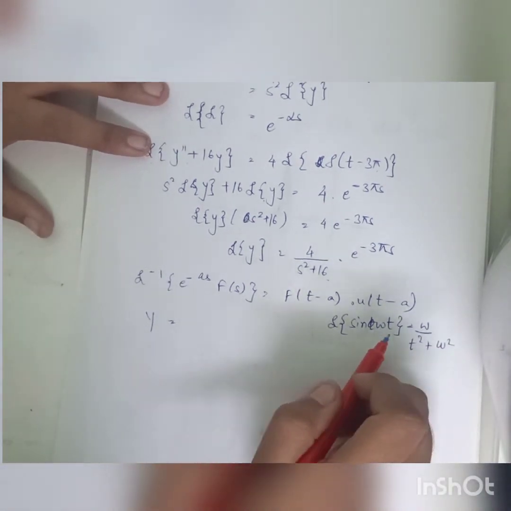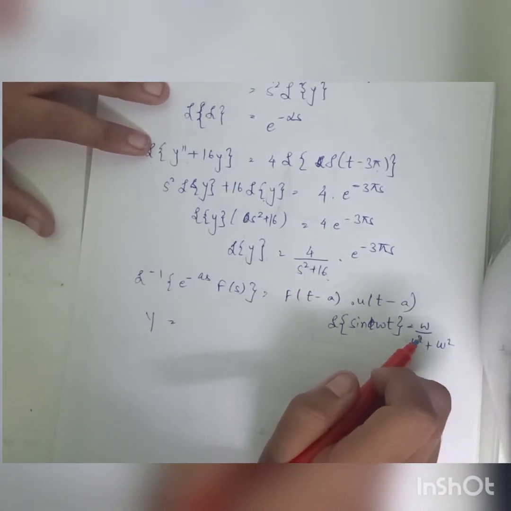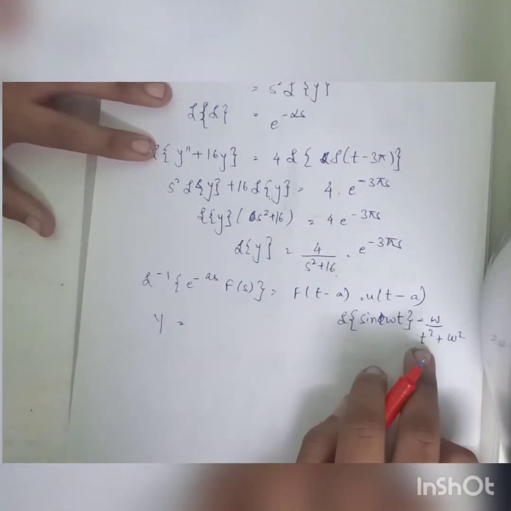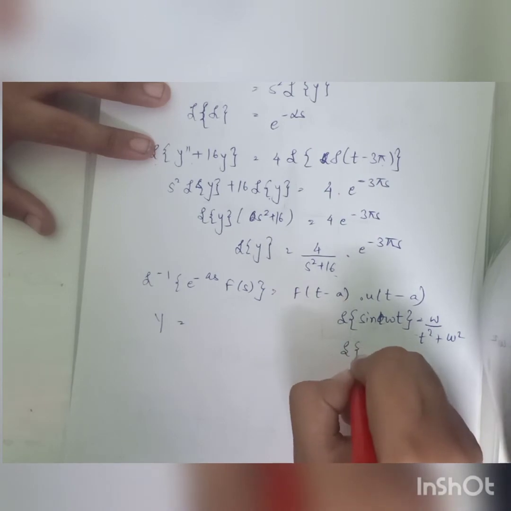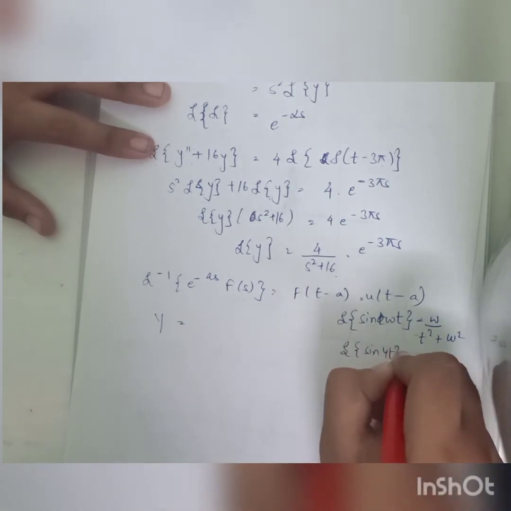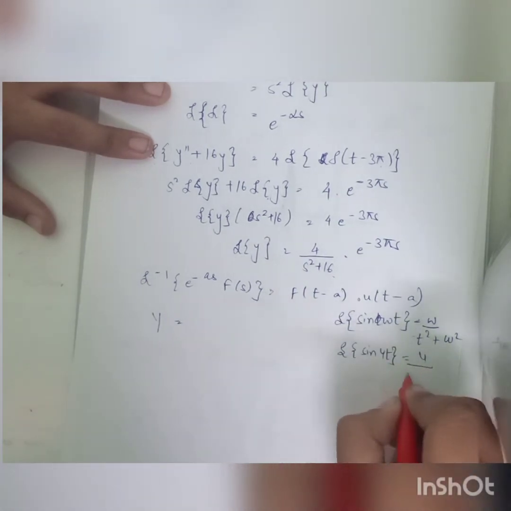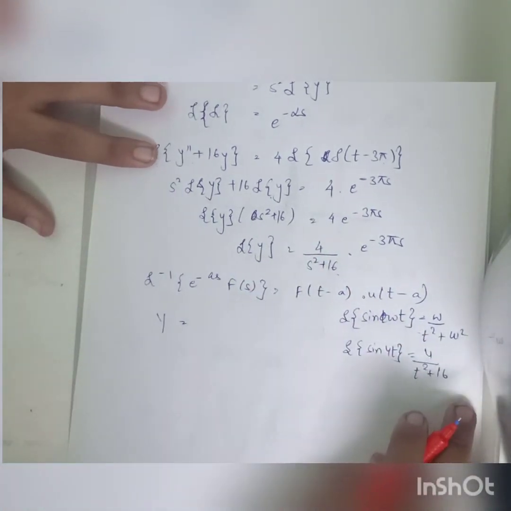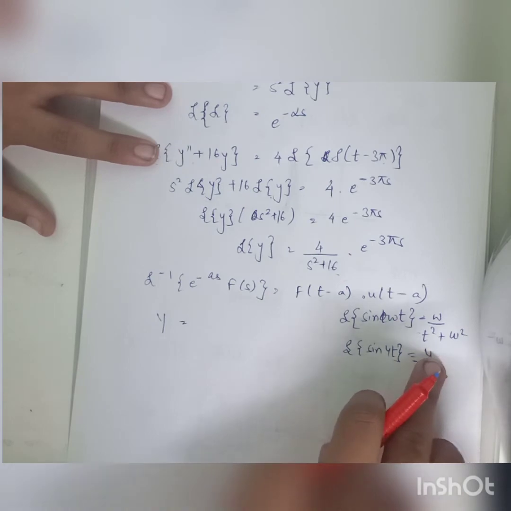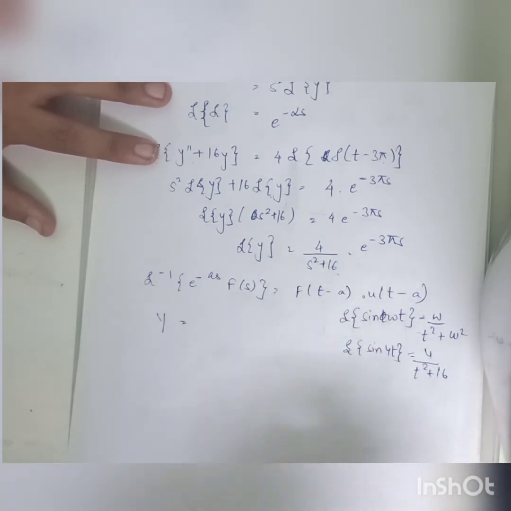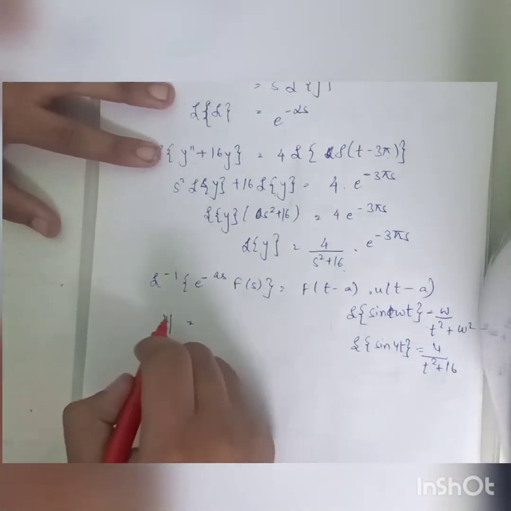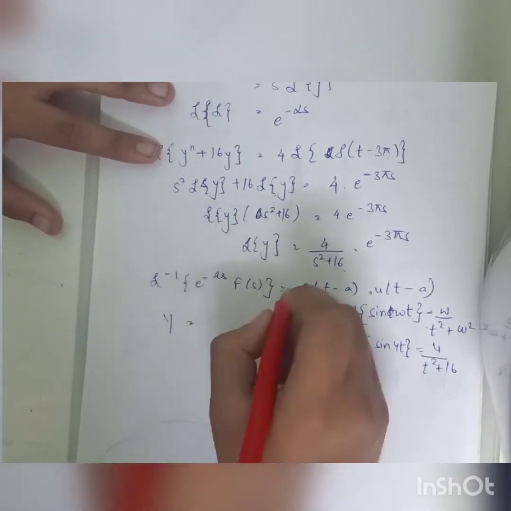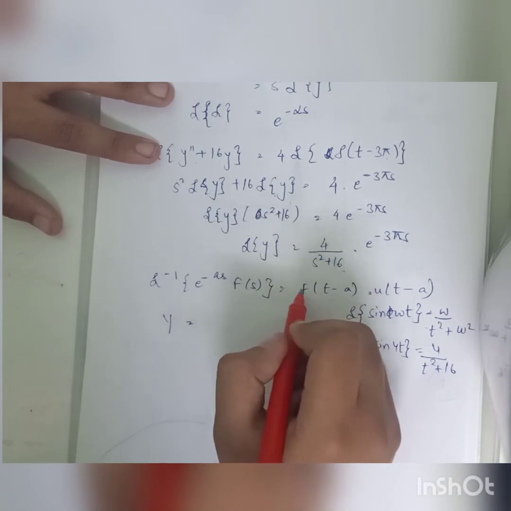So in this case, with 4 instead of omega, Laplace of sine 4t is 4 by s square plus 16. So Laplace inverse of 4 by s square plus 16 is sine 4t.